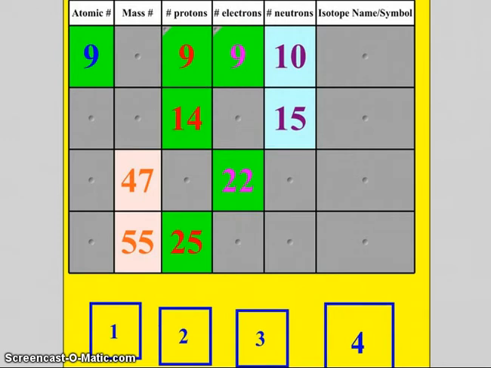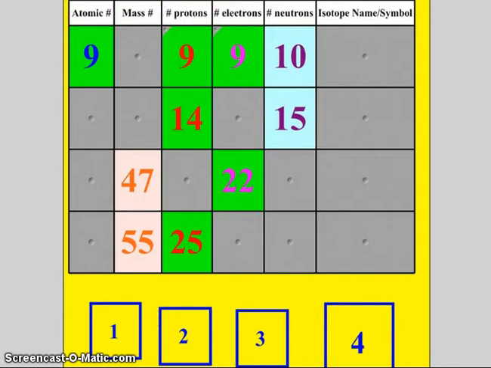And so the first little pattern that I'd like you to notice is our good friend, the ape. Okay, the atomic number, protons, and electrons are always going to be the same. And so those three columns, ape, are always going to be the same for any atom. 9 is the atomic number, 9 positive protons, 9 negative electrons.